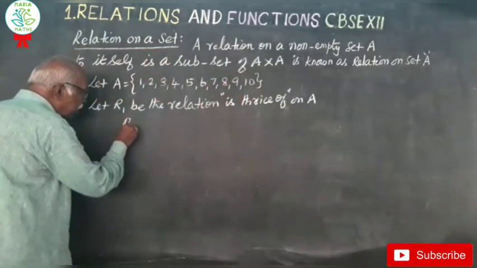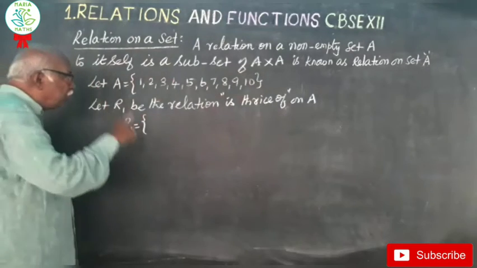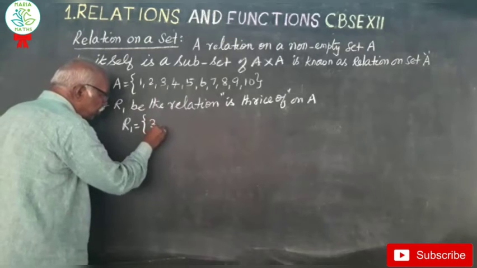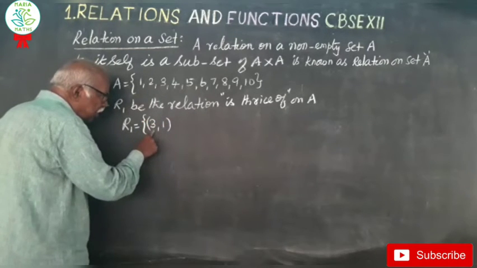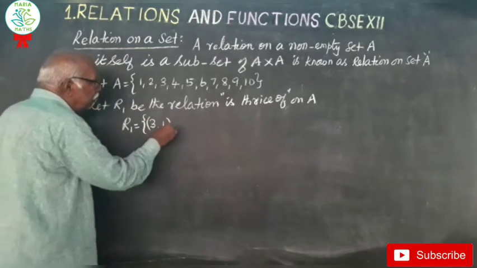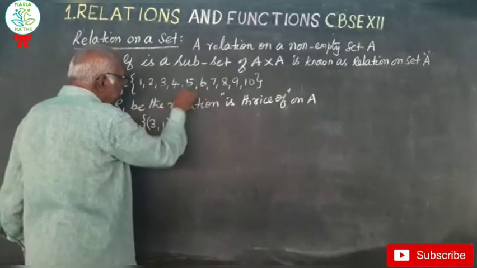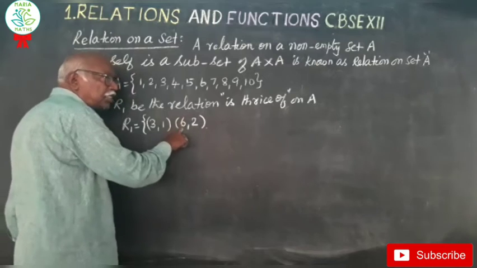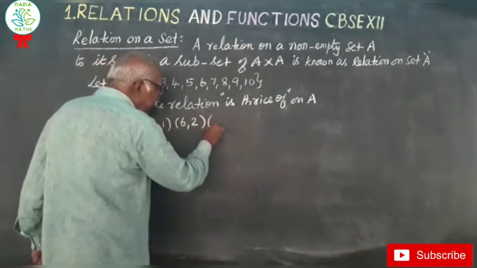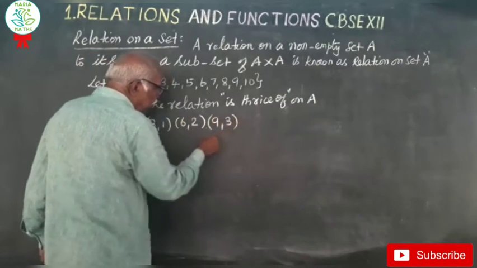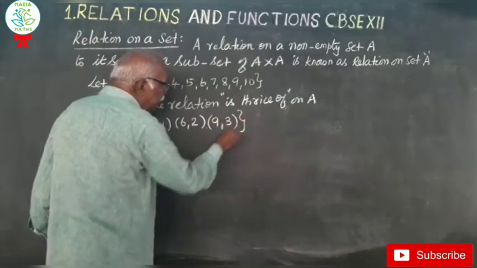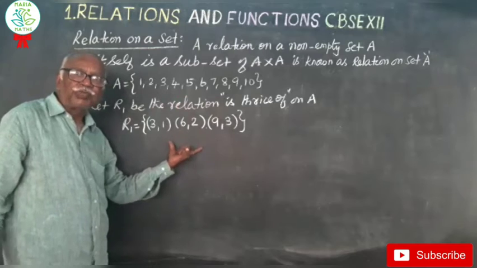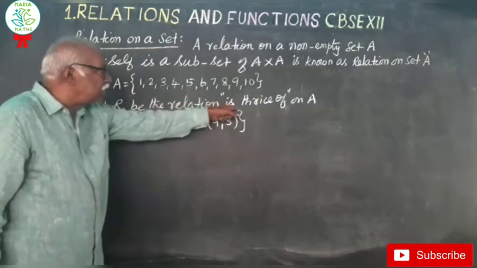What are the ordered pairs in R1? 3, 1, because 3 is 3 times 1. Then 6, 2, because 6 is 3 times 2. Then 9, 3, because 9 is thrice 3. No other pairs satisfy the relation. Only these 3 ordered pairs satisfy it.